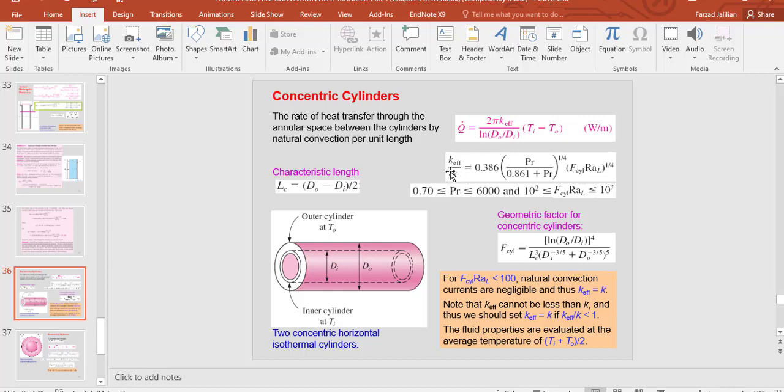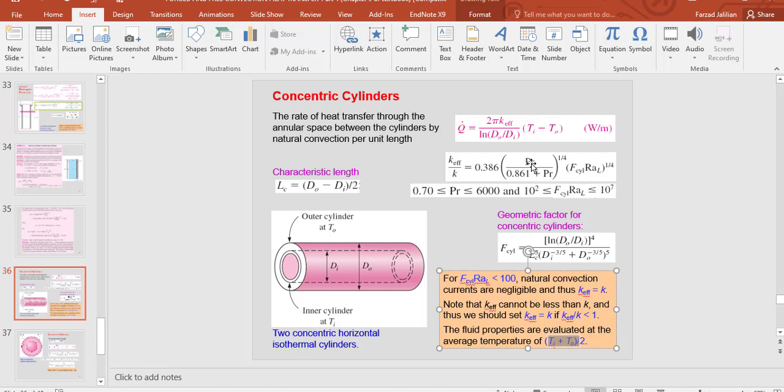k effective divided by k, which is the thermal conductivity of the fluid, and the Prandtl number you should find from the table for the average temperature actually.